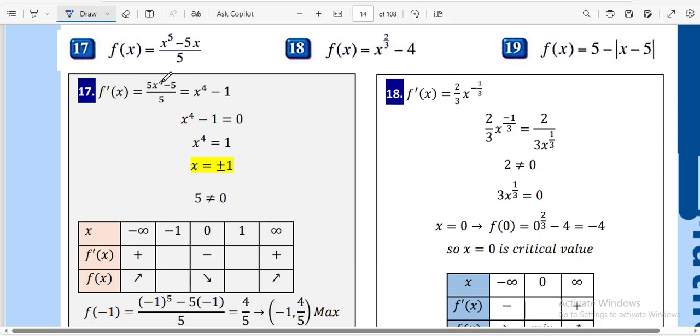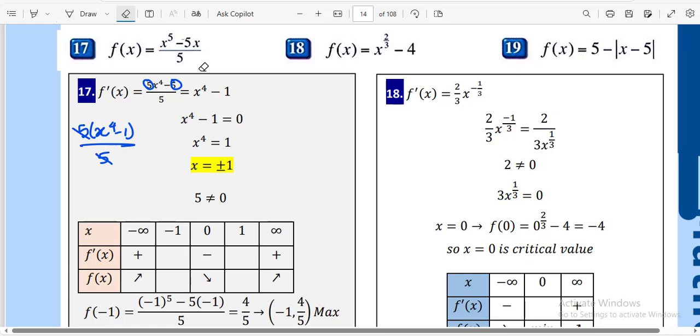The derivative is 5x power 4 minus 5 over 5. 5 is a common factor, up top we can write it as 5 times x power 4 minus 1, over 5. This time 5 cancels 5, because this one is not next to any plus or minus. Here, because of this minus, we could not do this cancelling.